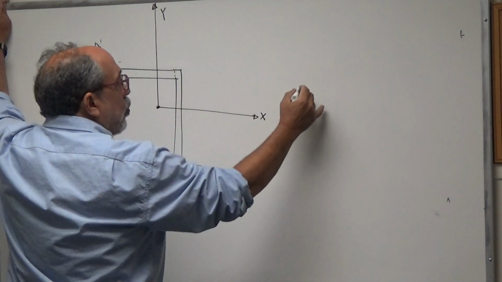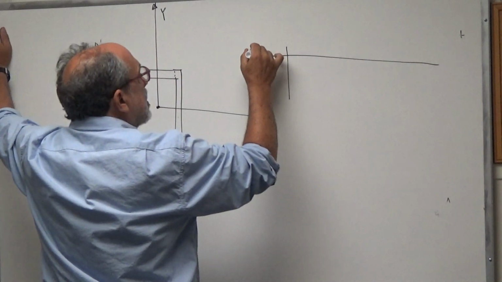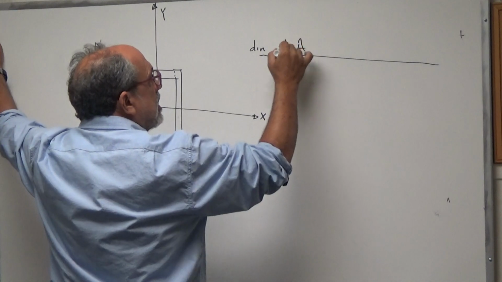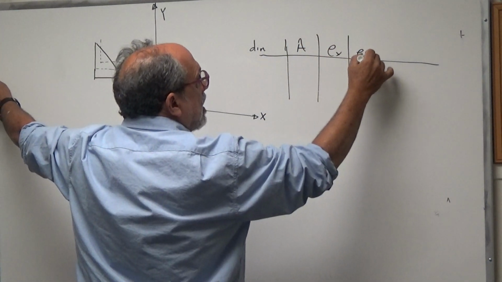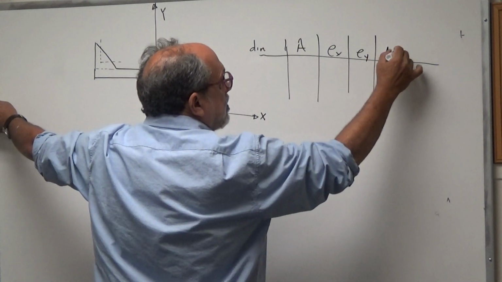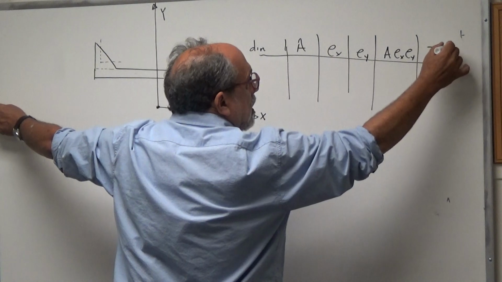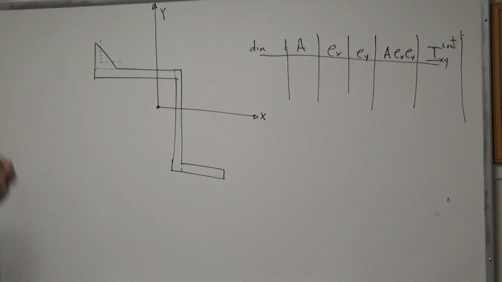So we're going to say that we have our table, which is the dimensions of our section, the areas, the shifts, the products of the areas times the shifts, and the local centroidal IXY. Right? Let me double check that this is in view.